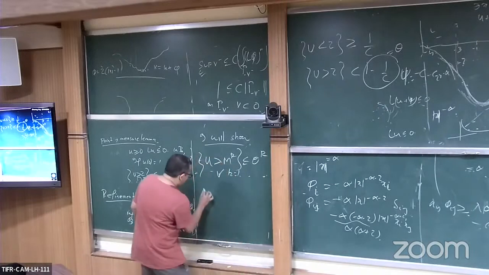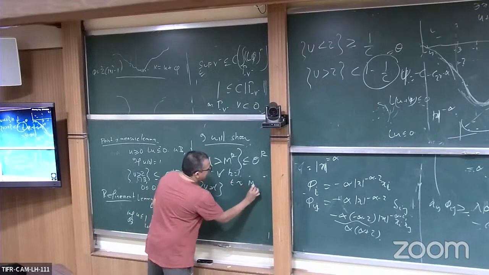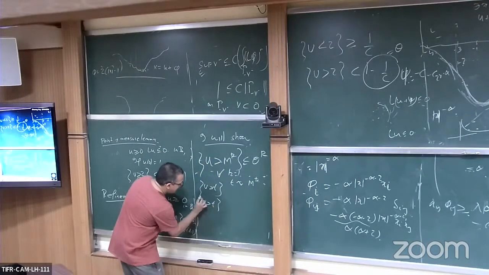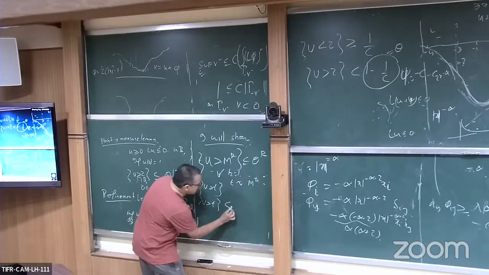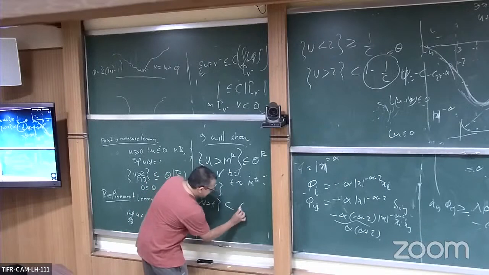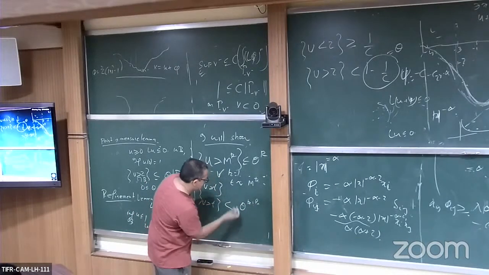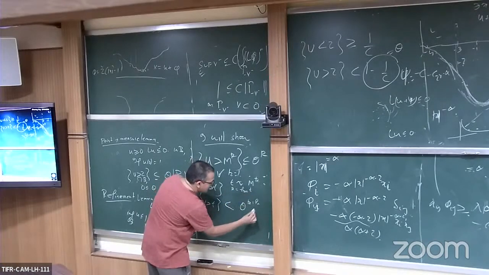Why? Because if you want to do u bigger than t, any t is like m to the k, right? Then you can trap it between m to the k plus 1 and m to the k. So this will be less than or equal to theta to the k, but k is like log base m of t.